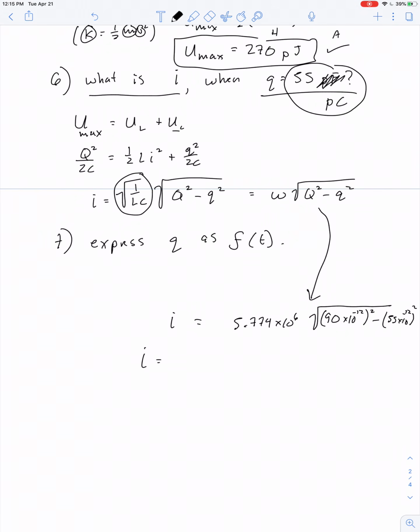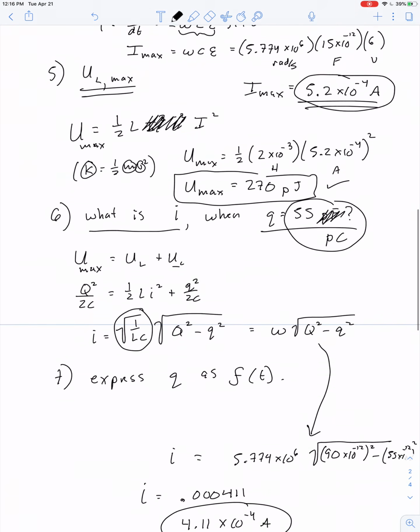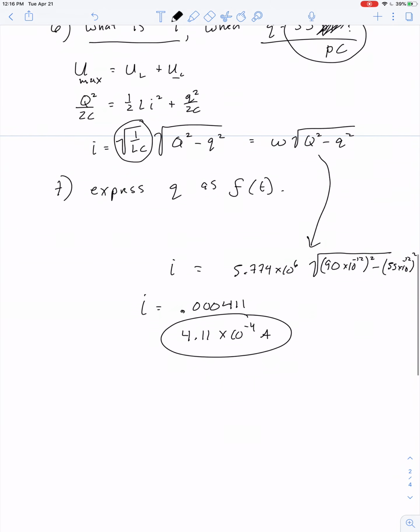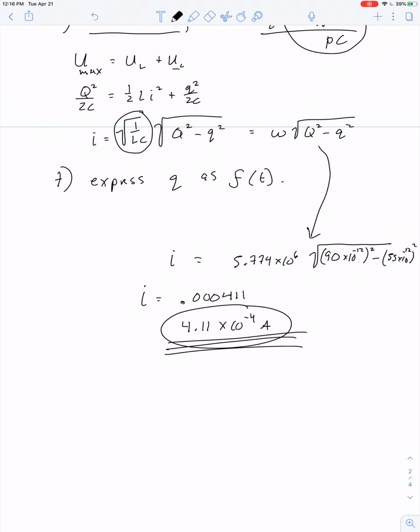We take the square root of that and we multiply it times 5.774 times 10 to the 6th, and we get 0.000411, or in other words 4.11 times 10 to the negative 4th amps. So you notice that's a little bit less than our maximum current of 5.2 times 10 to the negative 4th amps. So at least the answer agrees within the possible bounds for the current.